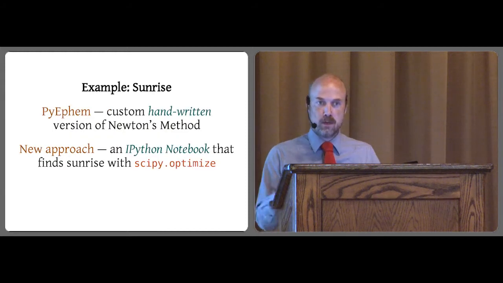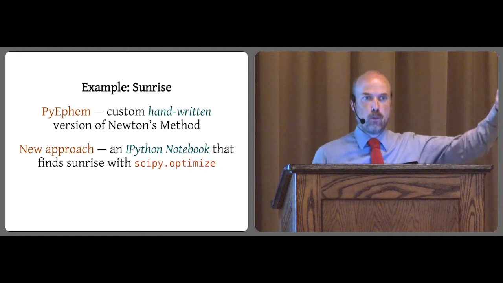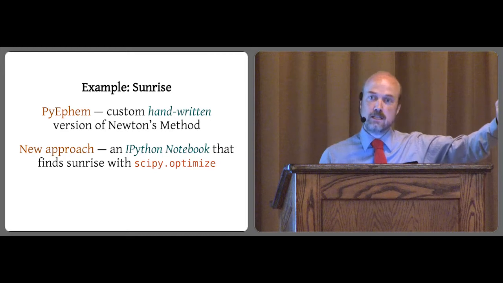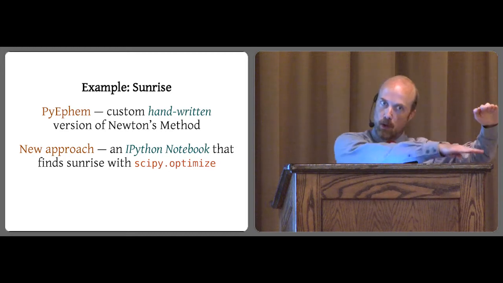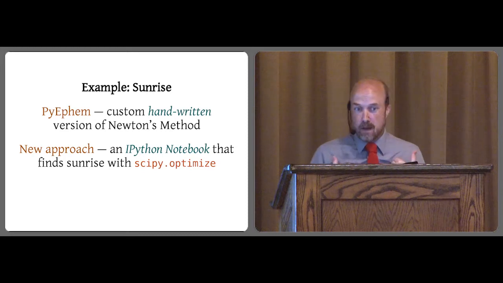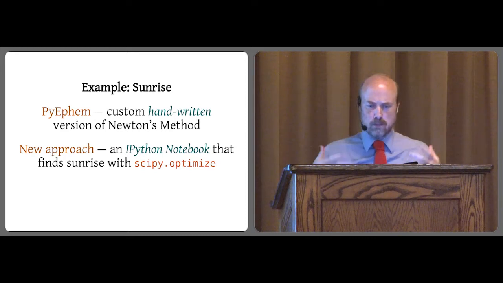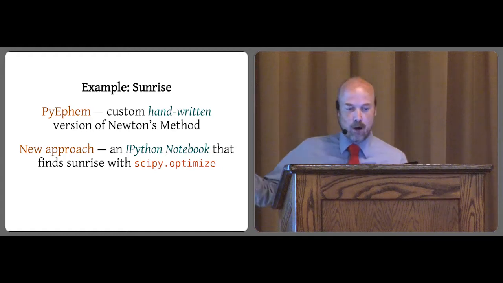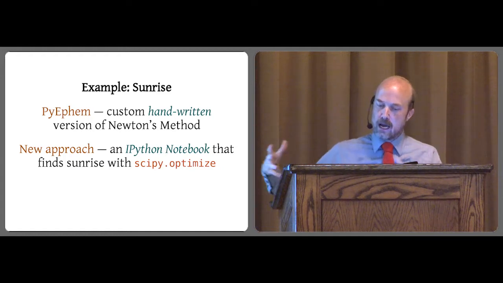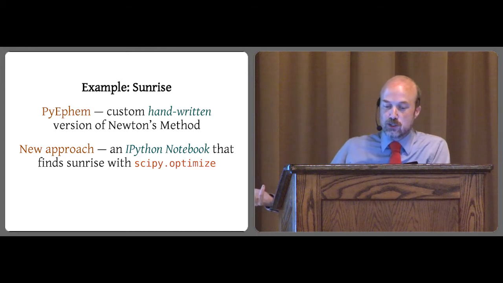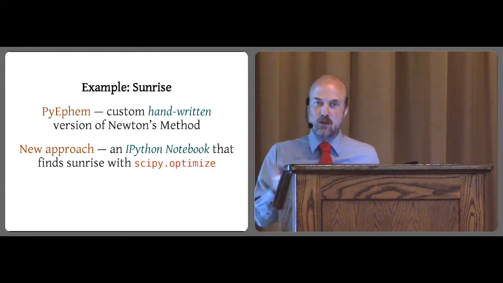For example, computing sunrise. You ask the sun where it is at 6 a.m., 5 a.m., 5:30, until you narrow in to the moment where it happens to be right at the horizon, sunrise. I had, in PyEphem, to write my own early 2000s handwritten implementation. But now, I think I'll offer users an IPython notebook showing how to use the Newton's optimization already built into SciPy to do this.